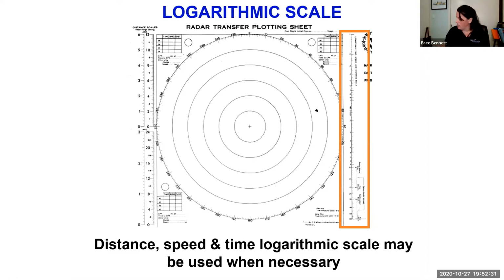Do you guys have one that says speed scale, right? That speed scale is only, let's see, 12 knots. We're not going to use that speed scale or the logarithmic scale at the bottom. We're going to use 60 D Street. Have you guys used 60 D Street before?